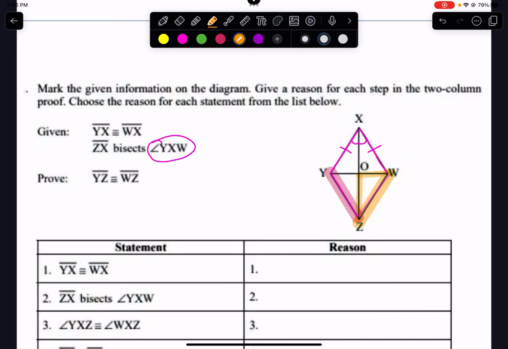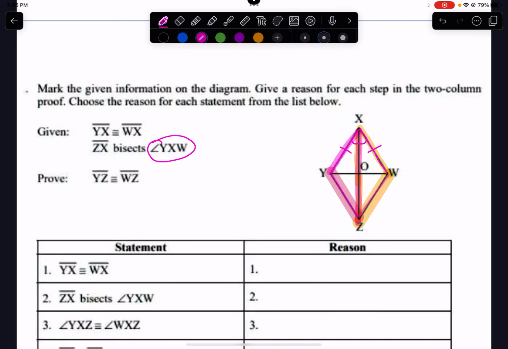But do I know any information about that triangle? No. There is another triangle that WZ is a part of, and it is this larger triangle. And if we look, we can likewise do the same thing here, and you should notice something. In the middle, the two colors are overlapping.